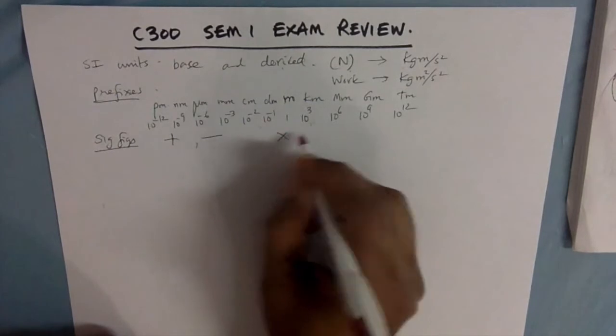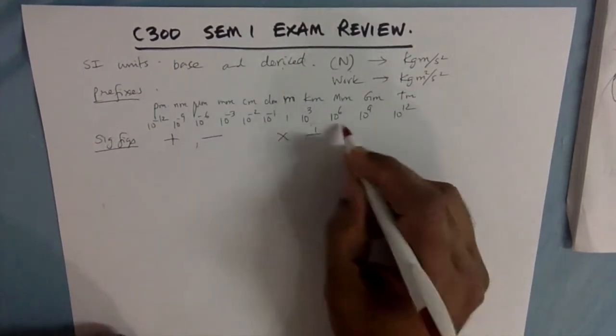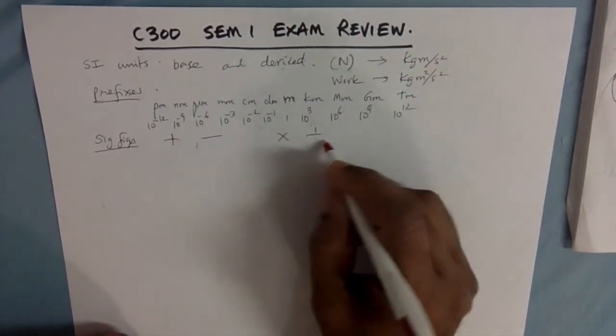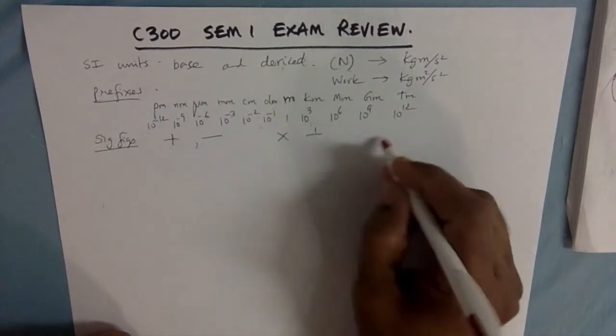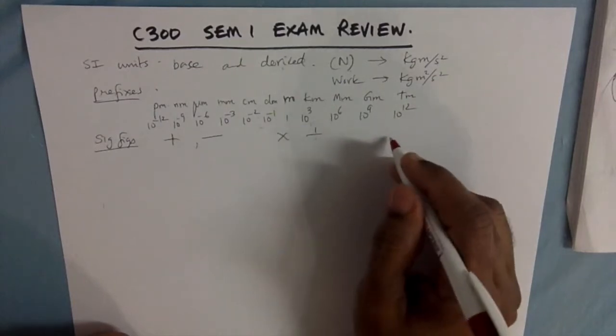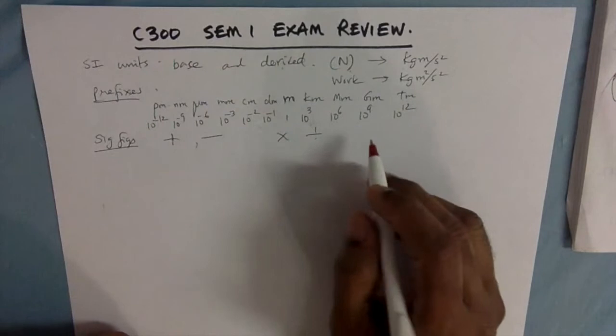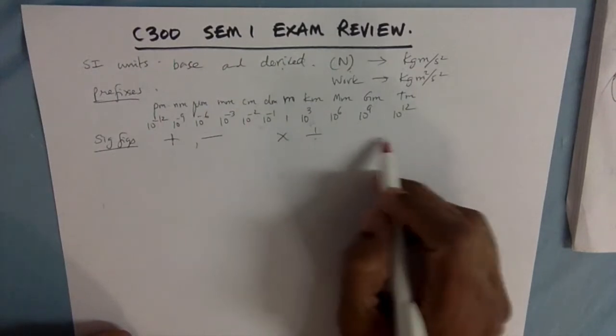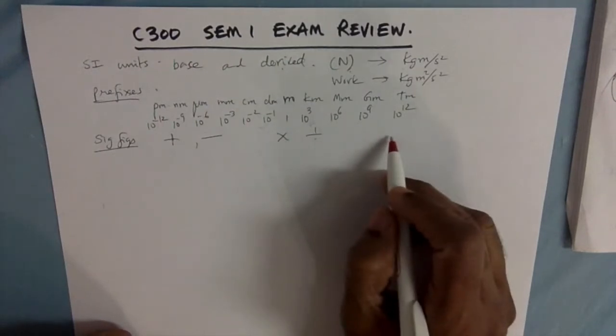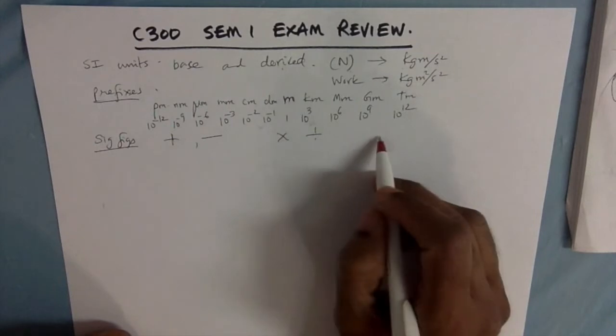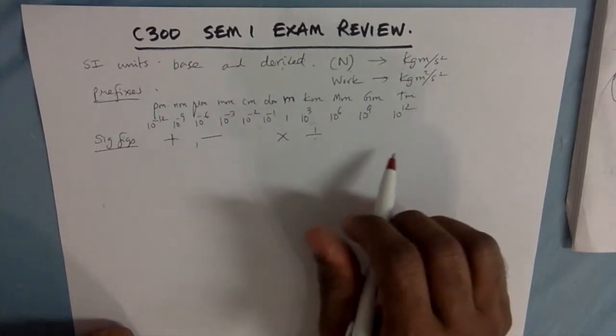But for multiplications and divisions, you have to multiply the numbers or divide the numbers, and express your final answer to the least number of sig figs. So pay attention to those kind of questions. And there are a couple of questions which are based on that.